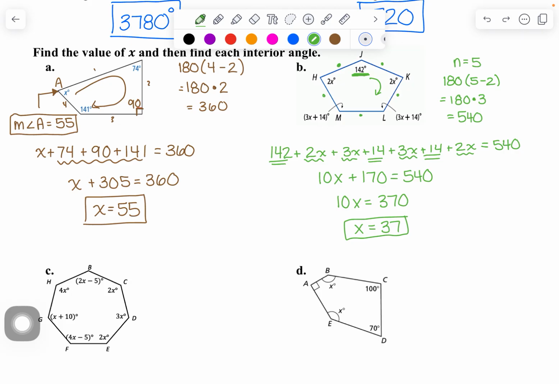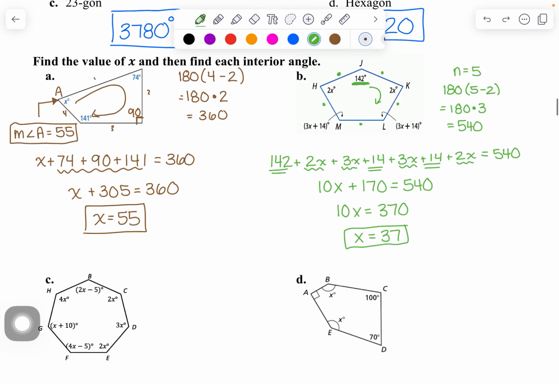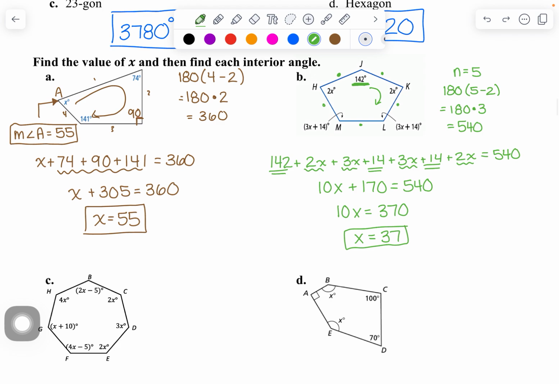Okay, now, instructions say find the measure of each angle. Again, on your homework, I'm not going to ask you to plug it back into all of them. For the sake of this problem, we're going to plug it back into all of them. Do I need to find the measure of angle J? No, it's 142. It was given to me. K, on the other hand? Yeah.